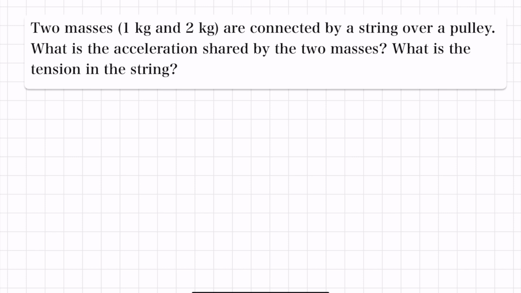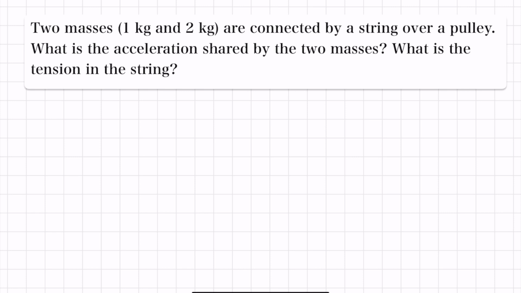So I'm going to show two different ways. Pick the way that makes the most sense to you. You'll get the same answer either way. I just want to show both because for some people, one way makes a lot of sense, and for other people, the other way makes a lot of sense.